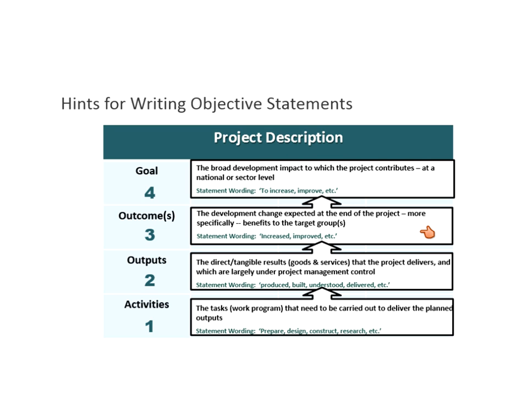All right, third level then is probably the most difficult, but maybe the most important. Like I said, in the Rosetta Stone side, sometimes organizations will split this into a lower and a higher level, and that's fine. This is the development change expected at the end of the project, more specifically, benefits to the target group.